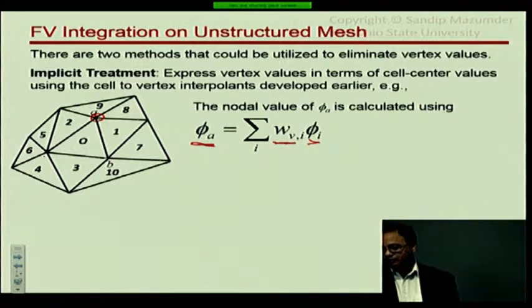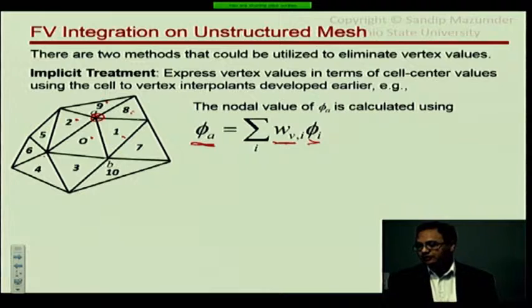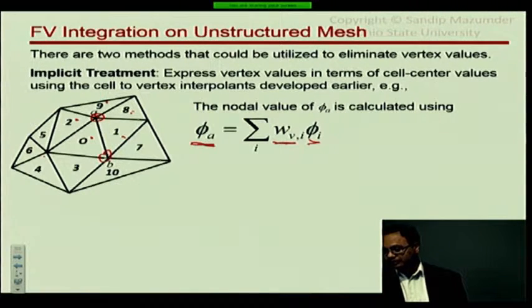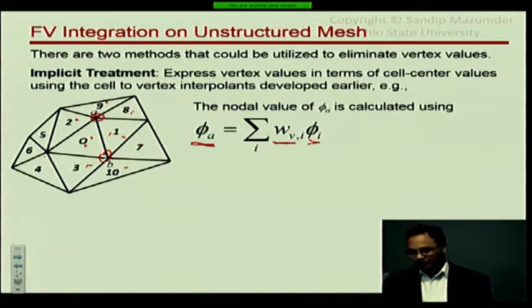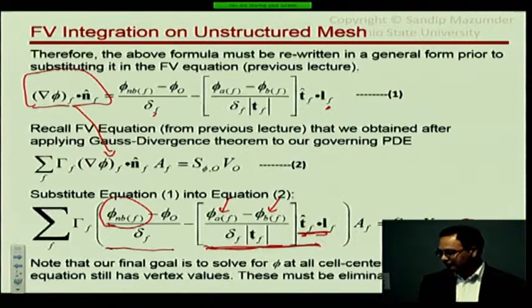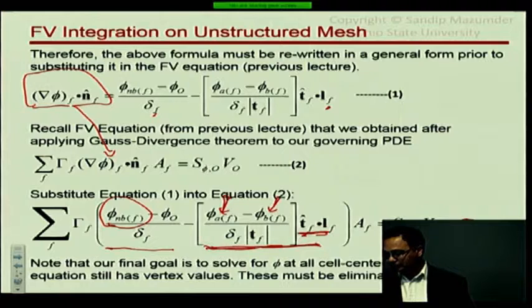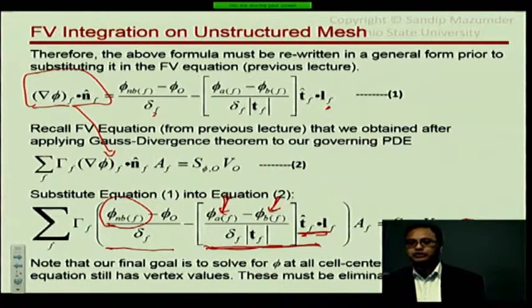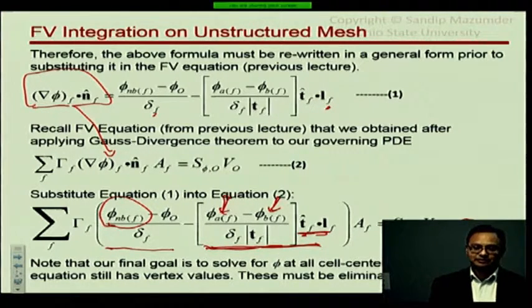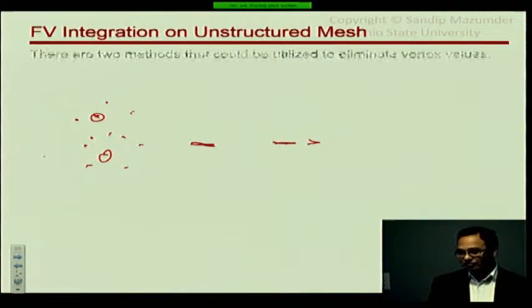So this would be expressed in terms of that cell, that cell, that cell, that cell, and that cell, 5 other cells. Similarly, phi b would be expressed in terms of these 5. Then you can plug it back in here and in here, and you will have a complete equation in terms of cell centers. That's the implicit treatment.